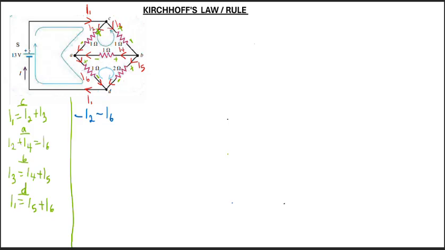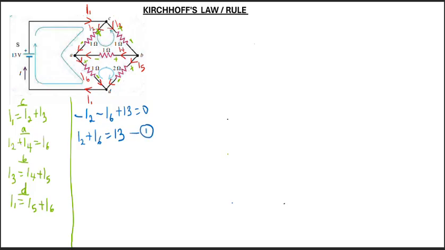Moving like this is moving from negative of this battery to the positive of the battery, that is plus 13, giving you 0. If we analyze this, taking everything to the other side, we have I2 plus I6 equals 13. So this is one of the equations that I have.